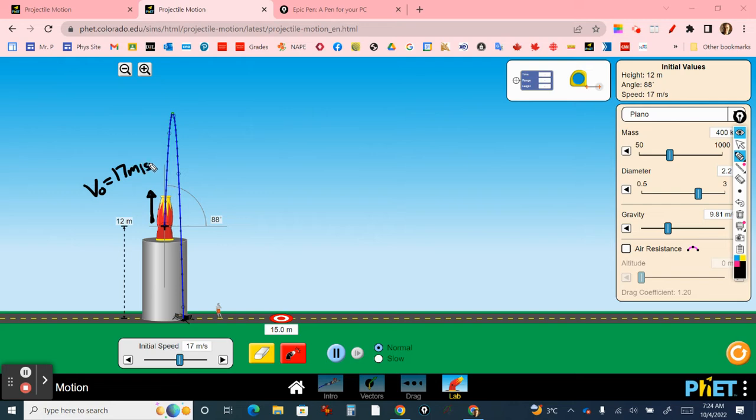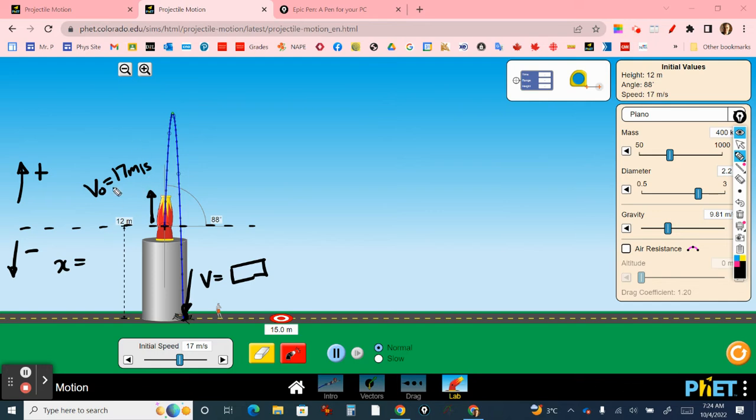I'm not going to write in the third digit, but let's just assume it's there. I'm going to put the third digit in the answer. And I want to know, what is the V at impact? What is the V when it hits the ground down here? And I know that the displacement, the X, so if you look at this, if this is a number line, then everything on this side is going to be positive, and everything on this side is going to be negative.